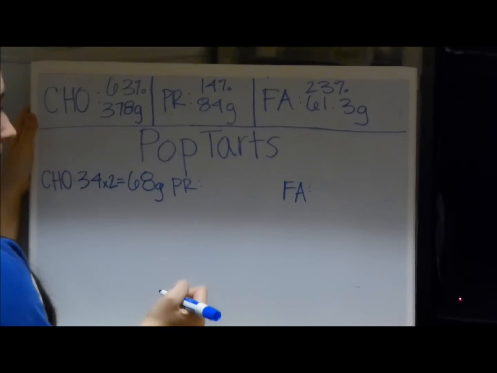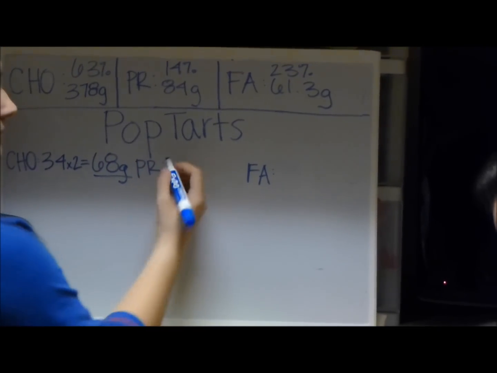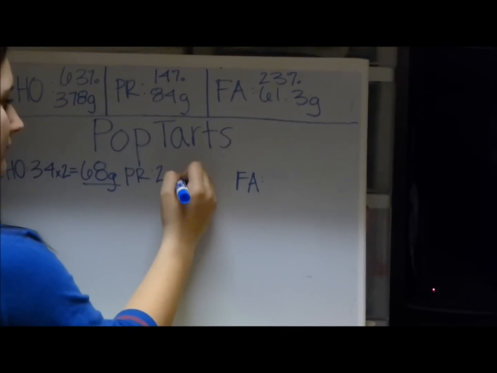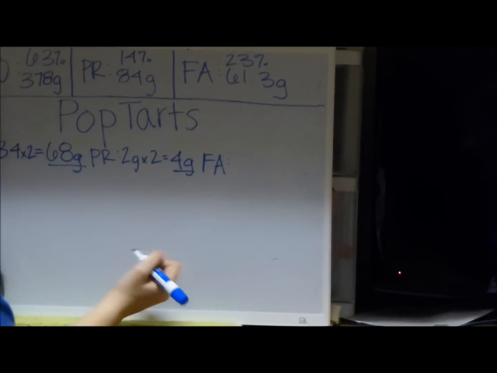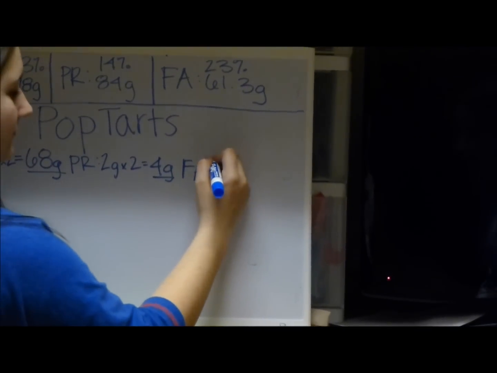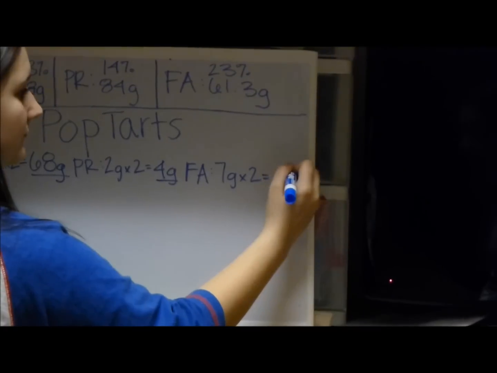And then proteins just had 2 grams, multiplied by 2 again, to get 4 grams. And then fat, you have 7 grams times 2, gives you 14 grams.